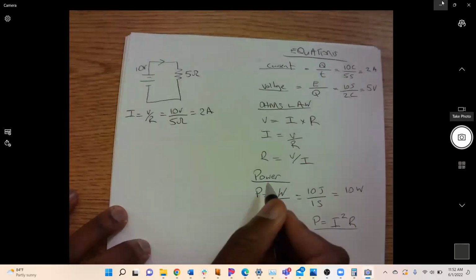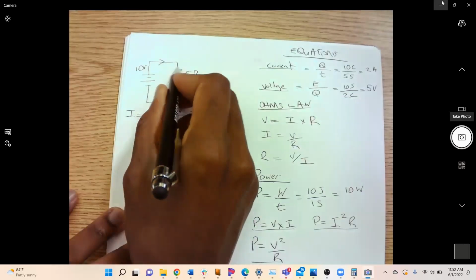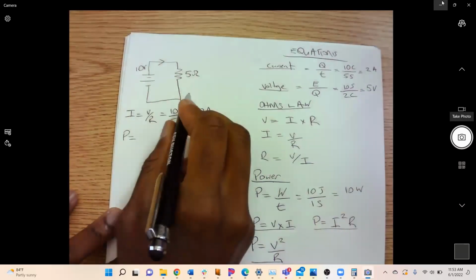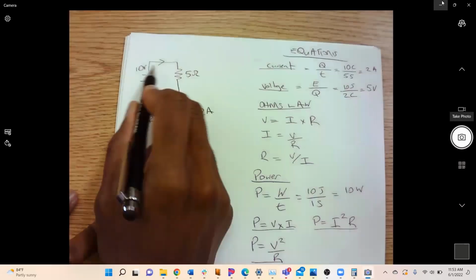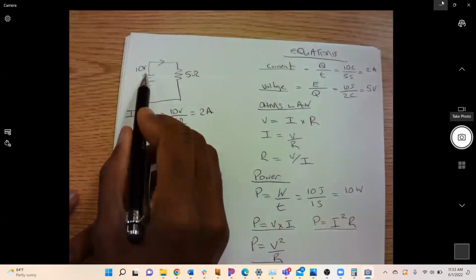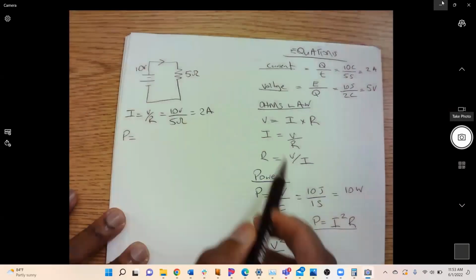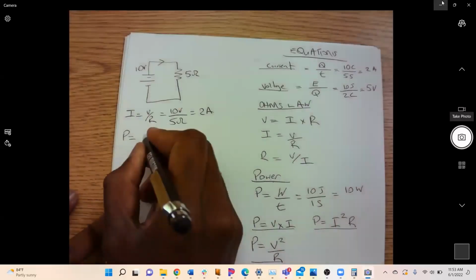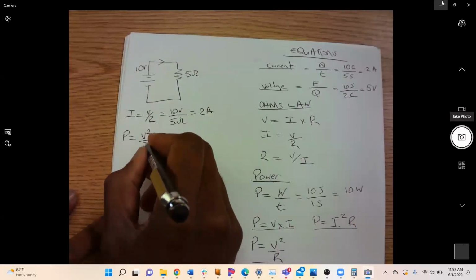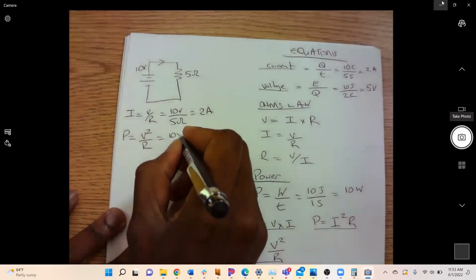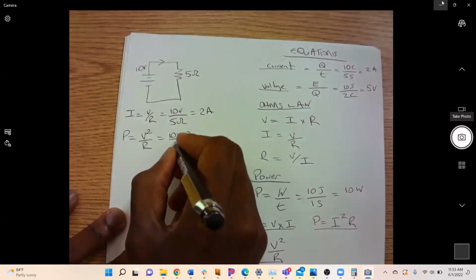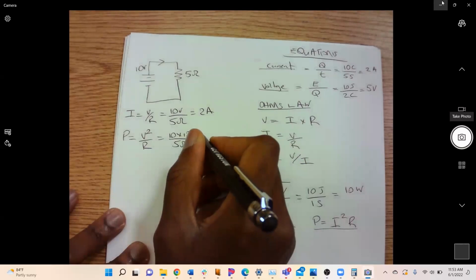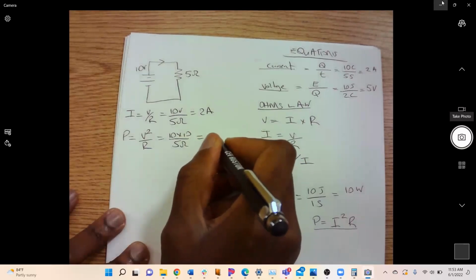Then we are told to go ahead and find the power in the circuit. What is the power that is dissipated in this resistor? The power is equal to V times I, or we can use the other equations. Let's just use V squared over R. Power is equal to V squared over R, and that gives us 10 times 10, which is 100, over 5 ohms. 100 divided by 5 is 20.